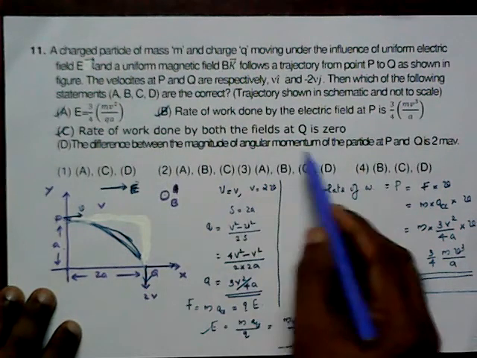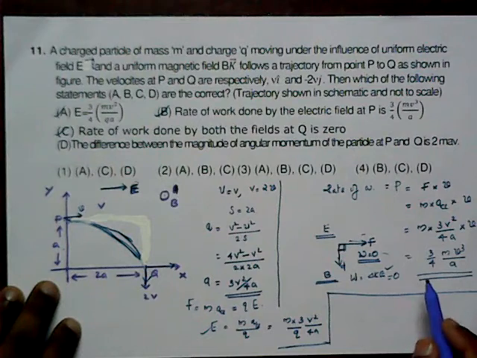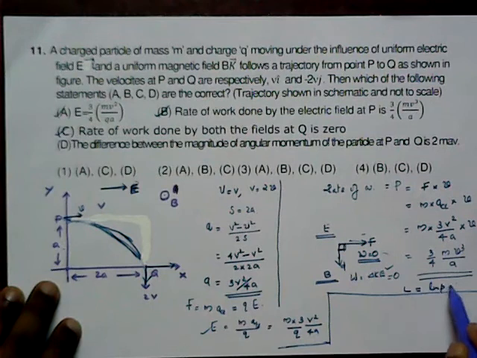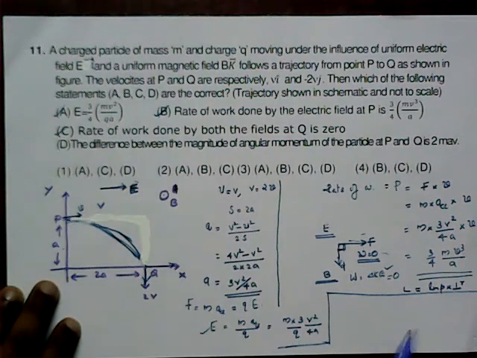The difference between the magnitudes of angular momentum of the particle at the point P. The angular momentum at a particular point is equal to the linear momentum into the perpendicular separation. And keep in mind the direction, it can be clockwise or anti-clockwise. Here the movement is clockwise, and hence there should be a negative sign.